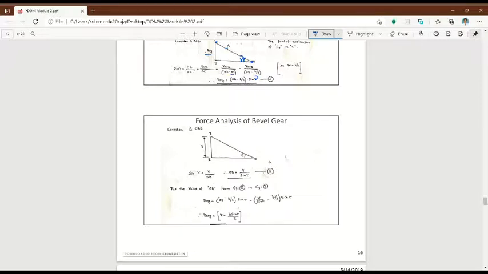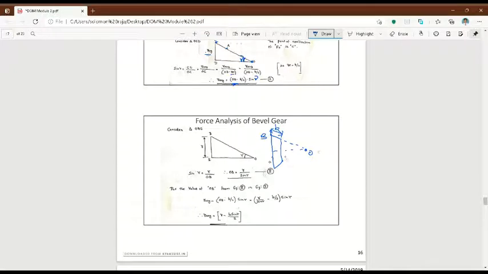Because in the problem they will give this distance B, but they will not give this distance OB. This distance they will not give, but here I need the OB distance.